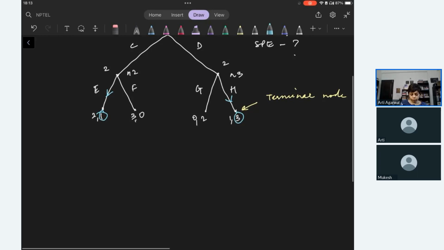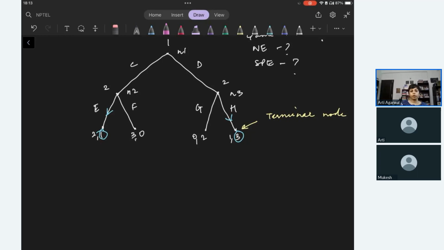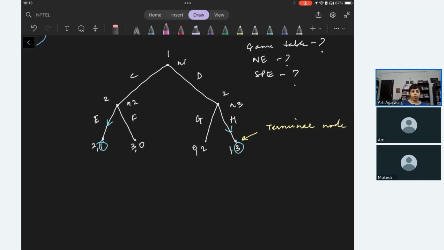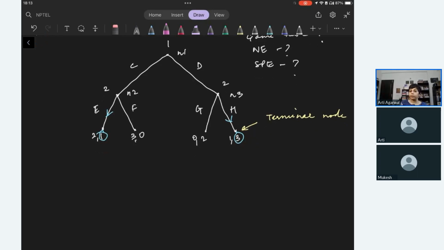Now let's see from the point of view of player 1. If player 1 has to choose between strategy C and D, he has to compare his payoffs, right? He knows that at node N2, player 2 is the one deciding, not player 1. And player 2 is going to pick their highest payoff, which is strategy E, which gives a payoff of 2, 1. So the payoff that one can get from choosing C is 2, right?